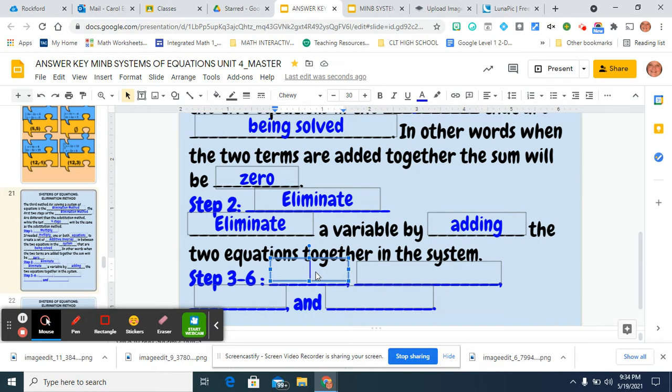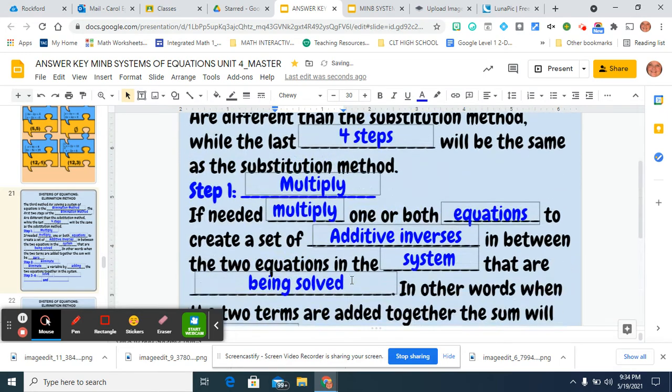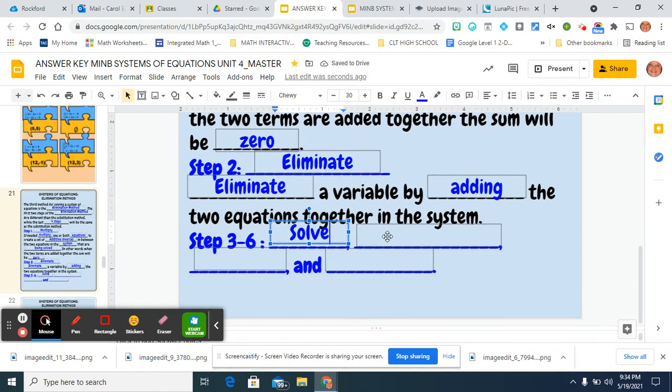Then again, just a repeat of the steps from substitution. Step 3 is going to be to solve, right? Step 4, after we solve for that first variable, we've got to find the second variable. And we need to write the coordinate point, that's the solution, or it could be a special case where it's no solution or infinite or all solutions.